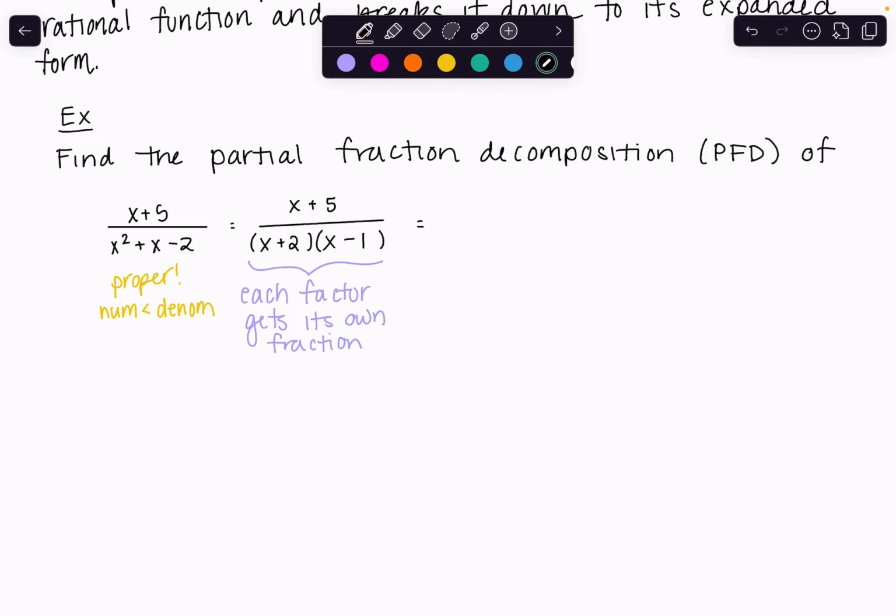So this will split and I'll have one fraction plus a second. One of the factors is going to be x plus 2. The other is x minus 1. Because when I go to add these two together, they have a common denominator of exactly x plus 2 times x minus 1.